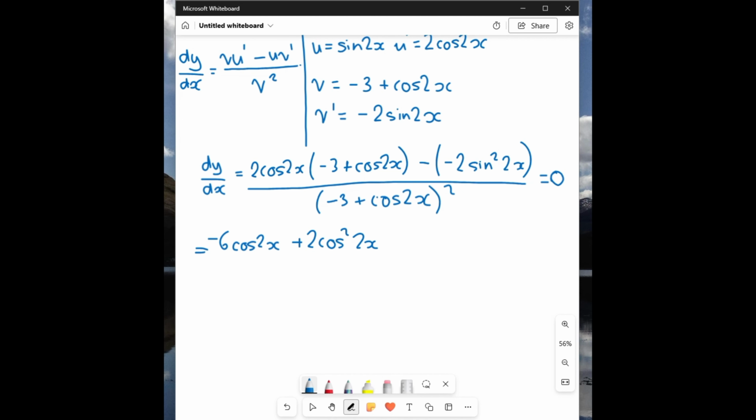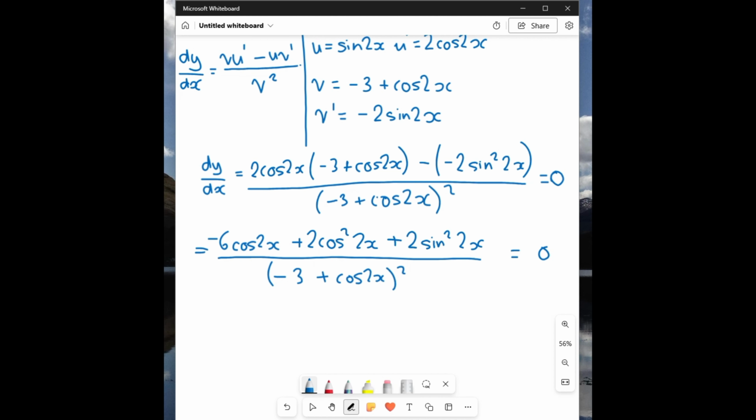And it'll be plus 2 sine squared of 2x, like so. And then that's all over minus 3 plus cos of 2x all squared. And that will be equal to 0.